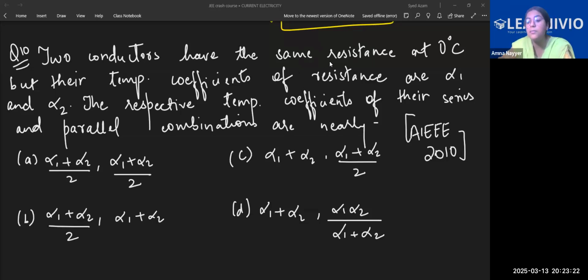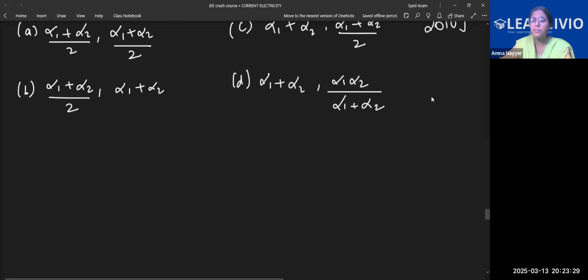It says same resistance. And I made you write two formulas specially, series and parallel. Remember in the starting of the class when we were discussing the theory part? Just turn the pages, have you written it? Series and parallel for the equivalent thermal coefficients.